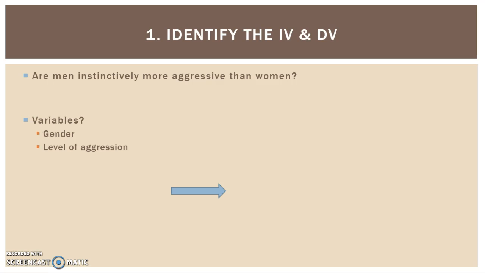When you read that research question, you can see that you're looking at, does gender have an impact on the level of aggression? So in that case, gender is your independent variable and level of aggression is your dependent variable, because level of aggression is being influenced potentially by gender.